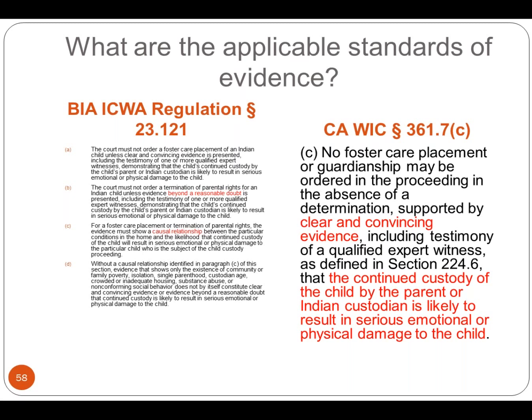Without a causal relationship, if the evidence shows only the existence of community or family poverty, isolation, single parenthood, custodian, crowded or inadequate housing, substance abuse, or non-conforming social behavior, these things do not by themselves constitute clear and convincing evidence or evidence beyond a reasonable doubt.